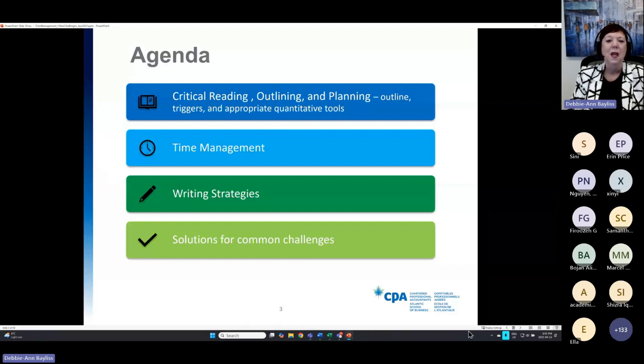I'm going to talk about writing strategies, how to ensure that your response is clear and concise. And part of that is using discussion frameworks or structures. So I'm going to talk about some of the common structures and when you should use those.